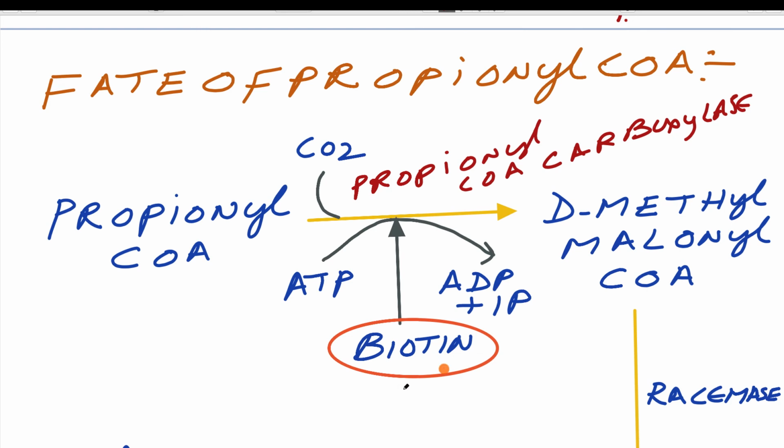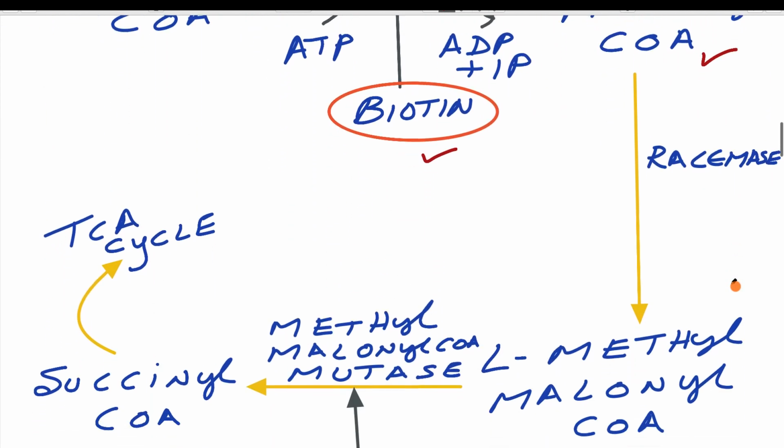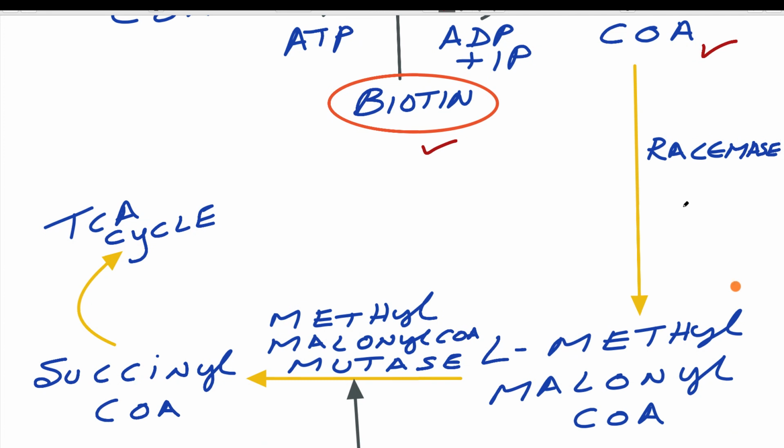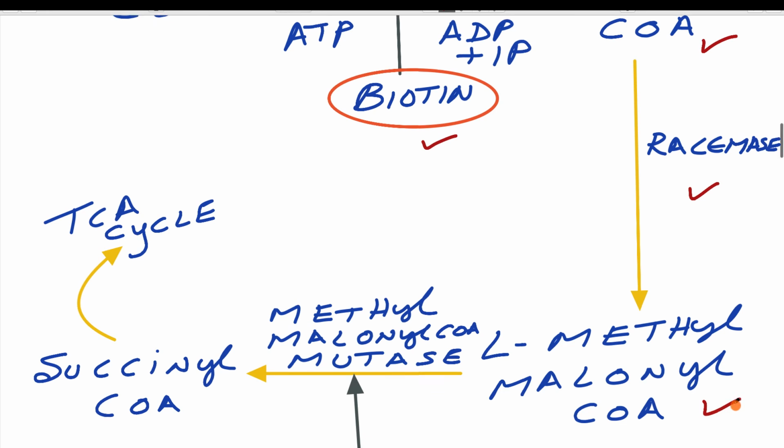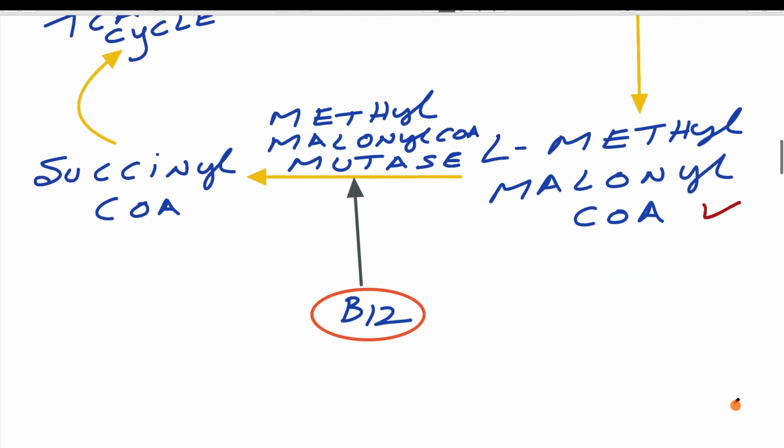Biotin, a B complex vitamin, is required, leading to the formation of D-methylmalonyl coenzyme A. In the presence of racemase, this leads to L-methylmalonyl coenzyme A. The L-methylmalonyl coenzyme A, by the action of methylmalonyl coenzyme A mutase, in the presence of another B complex vitamin, that is B12, leads to the formation of succinyl coenzyme A.